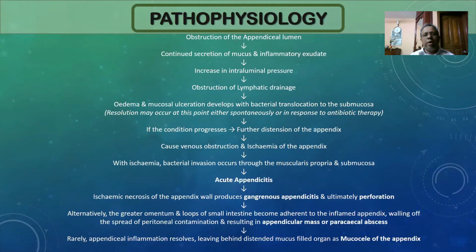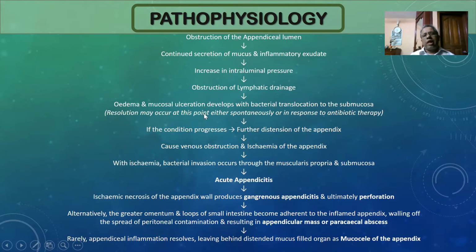Whenever edema and mucosal ulceration develop, at that time there is translocation of bacteria from the lumen to the circulation. Bacterial translocation to the submucosa occurs, and resolution may occur at this point either spontaneously or in response to antibiotic therapy.